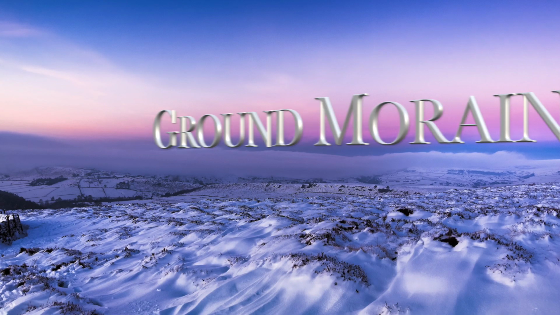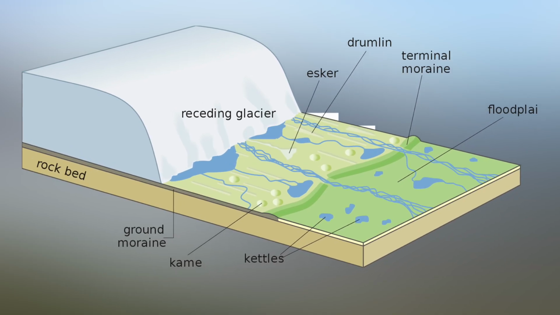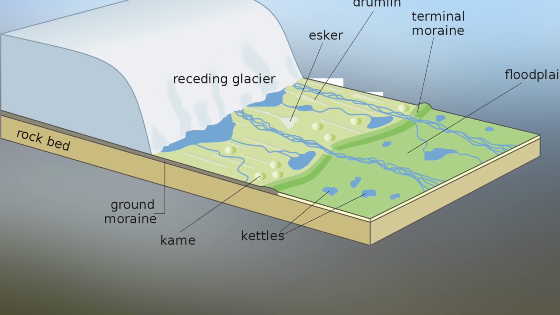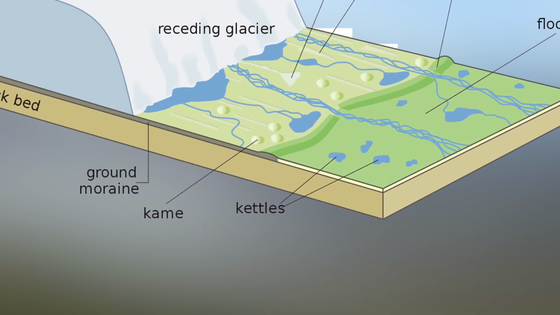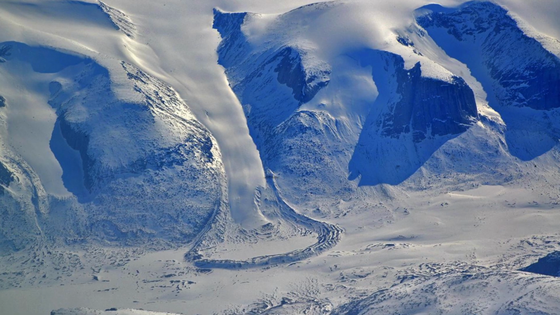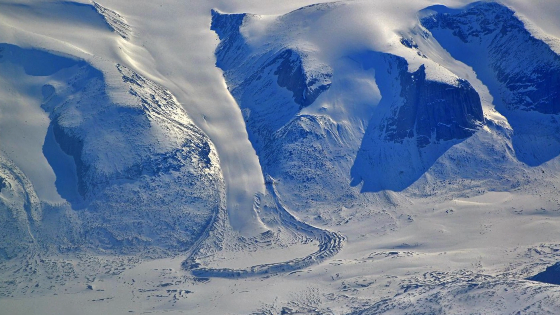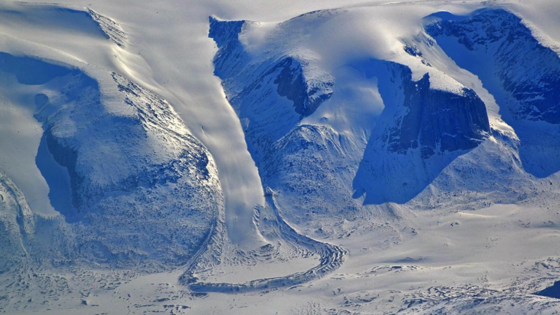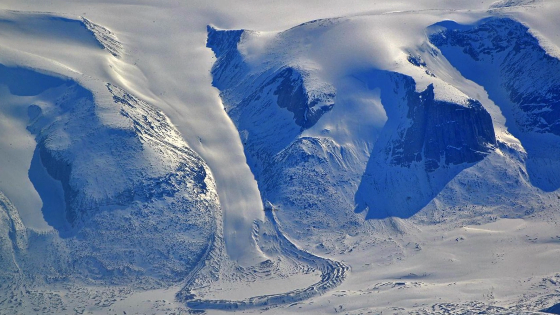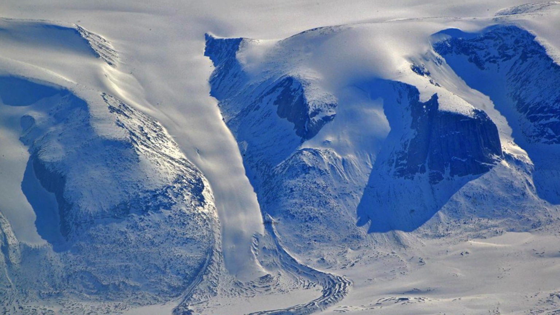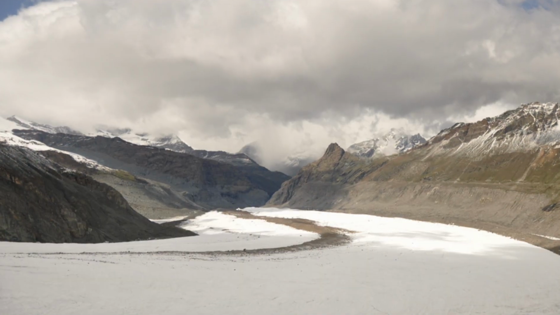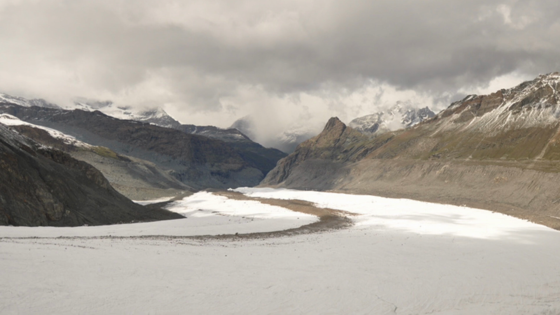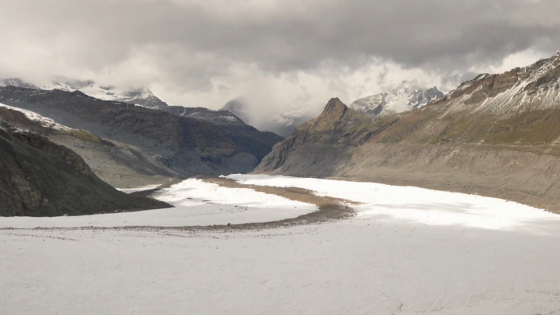Ground moraines. Ground moraine is the load carried by the glacier and is deposited on its own bed or the base. This happens when the lower part of the ice becomes so heavily charged with sediments that it cannot transport it and therefore deposits it in the form of ground moraine.